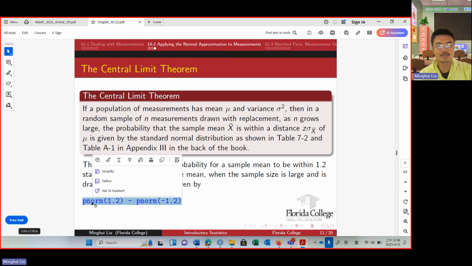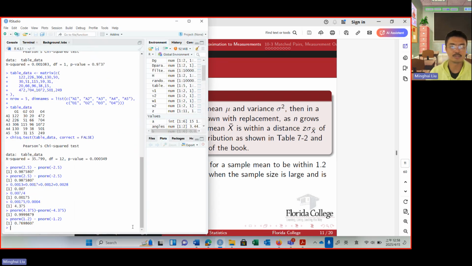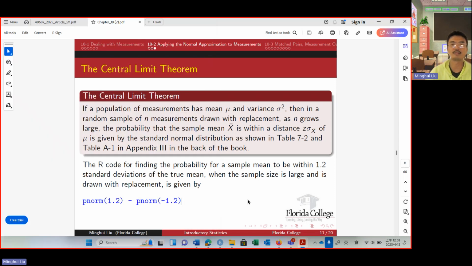This code will give you the answer that's approximately 77%. So that is the probability for the sample mean to be within 1.2 standard deviations away, if the sample size is large.